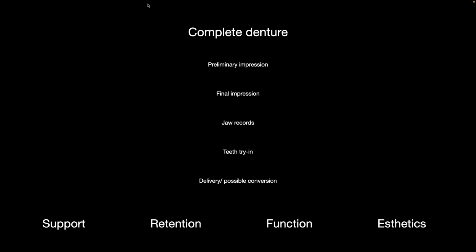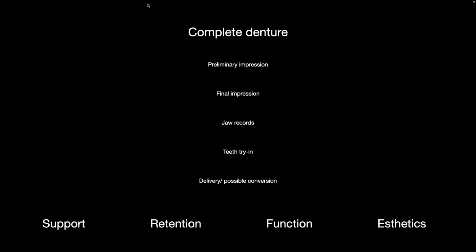This is the all too familiar workflow to make a complete denture. We all know that. We take a preliminary impression. Based on that, a model will be produced, and then on that model, the technician is going to make us a custom tray. We take that custom tray, we take a border molded final impression. That border molded final impression is poured, a master model is produced, and then on that master model, base plate wax trim are made.